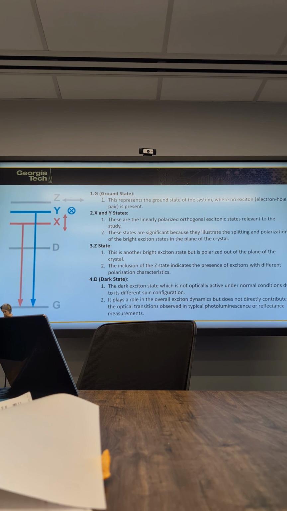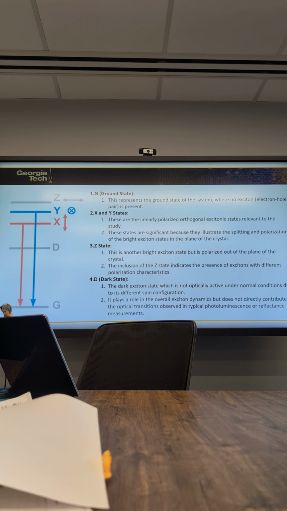Yeah, I saw it like this: an electron and a hole have spins of plus or minus 1/2. When the electron and the hole spins are opposite, their total spin is 0, and so it's dark. But when their spins equal 1, then you get 3 sublevels, and that's where you get bright states and dark states. They couple with light due to a favorable symmetry at a bright state, and that's why they emit light.